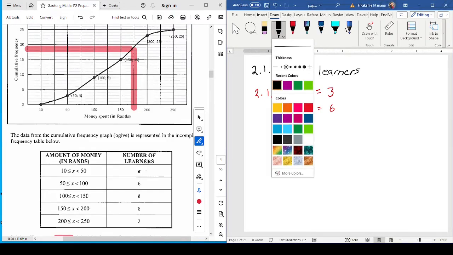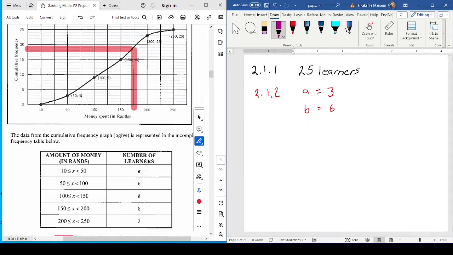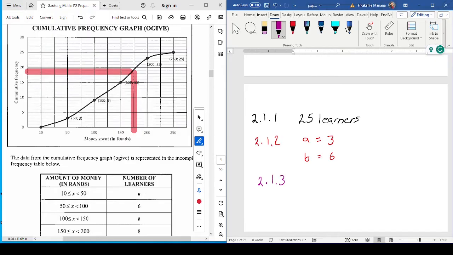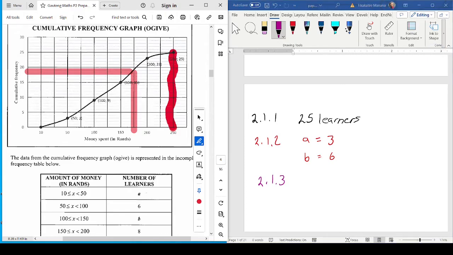Let's use a different color pen. Let's go purple. So this is now 2.1.3. It said more than, so more than means 175 and this last one's there. I don't know why I drew it shaky. My hands were shaking. It should be straight, but anyhow, there we go. So this is where it's more than.